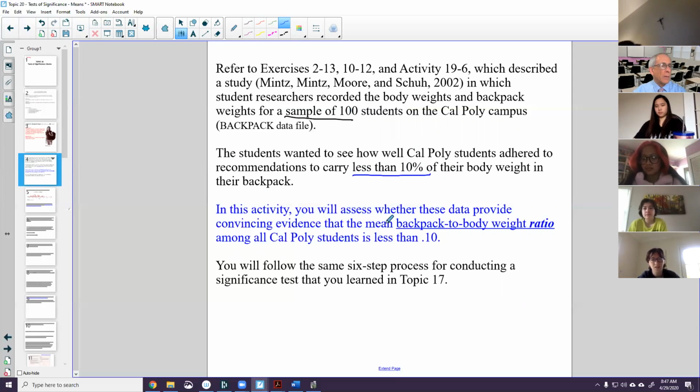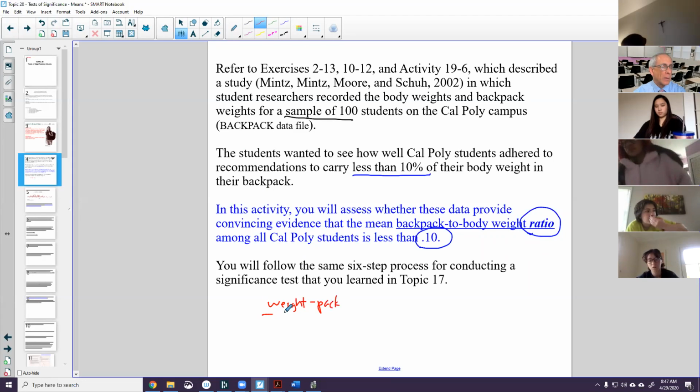Okay. So we're going to find out whether their data shows that the mean backpack to body weight ratio is less than 0.10. So let's just make sure we understand the problem. If I have weight of the pack divided by weight of the person, that gets me a ratio.